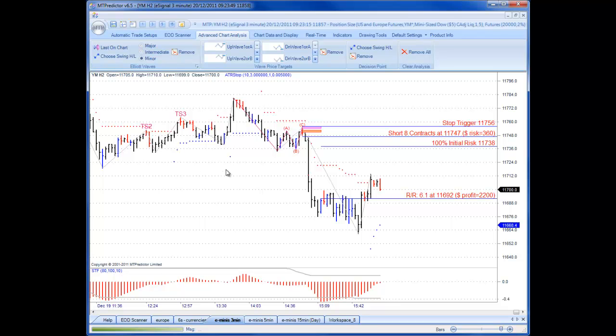And again, it shows you how we can take the trader through the automatic setups, which are for the standard traders, and then as you become more experienced, and it's what we teach in our training webinars, you can use more of the advanced tools in the software to uncover more advanced trade setups like this, and as such have additional trade opportunities. And as you can see here, it would have had a very good result indeed.